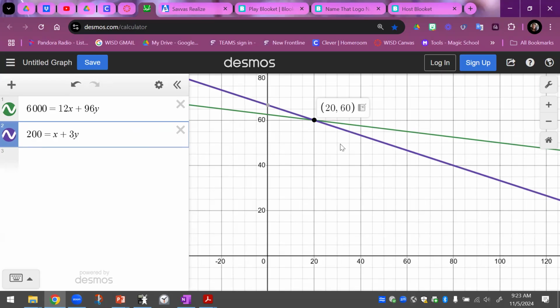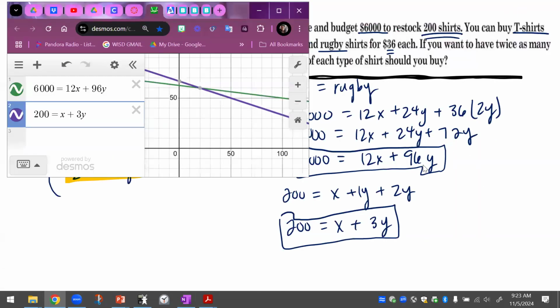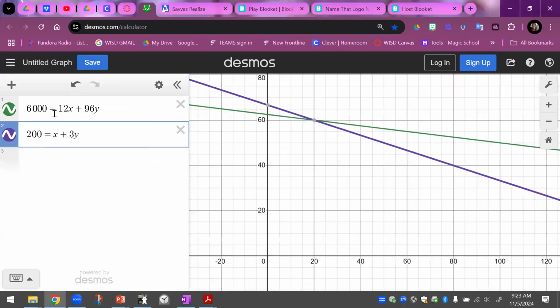Okay, so we have x equals, yes. Did I type something wrong? No, I got 26. Huh? Did you type in 6,000 equals 12x plus 96y? Did you type in 200?